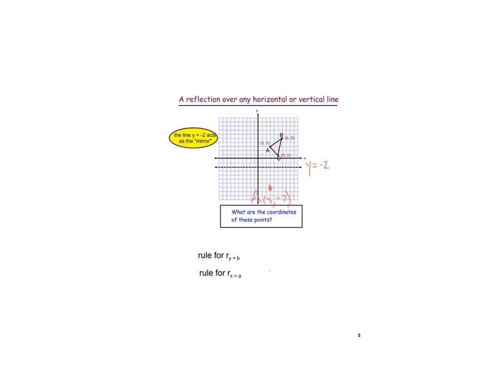That would be A prime. And then my B, the same thing. I'm going to count 1, 2, 3, 4, 5, 6, 7 to the line of reflection. Oops, wait, hold on. 1, 2, 3, 4, 5, 6, 7.